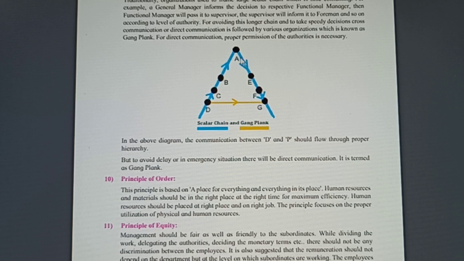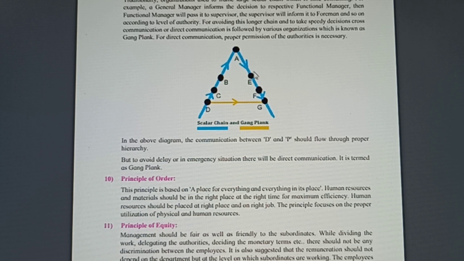So here, because it is a time consuming process, and to minimize the time, there is a gangplank prepared by the same level of employees. Here you can see the level of employee D and the level of employee G is the same. So if the department of D has to say something to the department of G, then they can directly communicate with each other because they are of the same level.